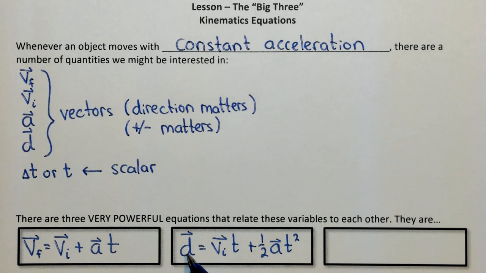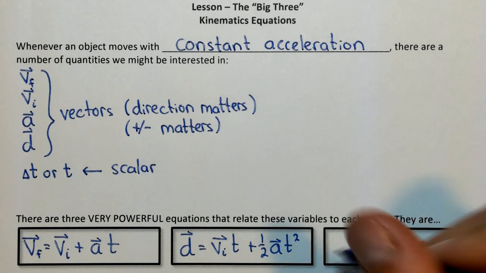We see that the faster an object's starting speed, the further it'll be able to go. The longer it travels for, the further it'll be able to go. And the higher its acceleration while it's moving, the further it'll be able to go. That all makes a bit of sense.